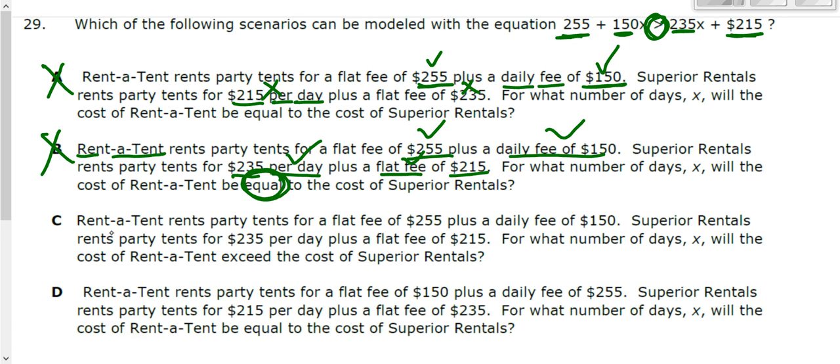Going to C, Rent-A-Tent rents party rentals for a flat fee of $255 plus a daily fee of $150. Superior Rentals rents tents for $235 per day plus a flat fee of $215. So that's just like B. So far we're good. For what number of days x will the cost of Rent-A-Tent exceed the cost of Superior Rentals? Exceed means to be more than.